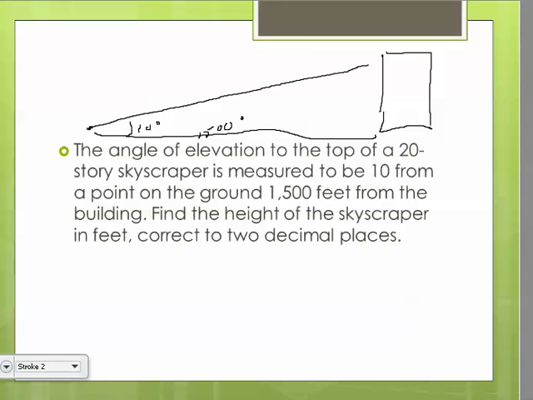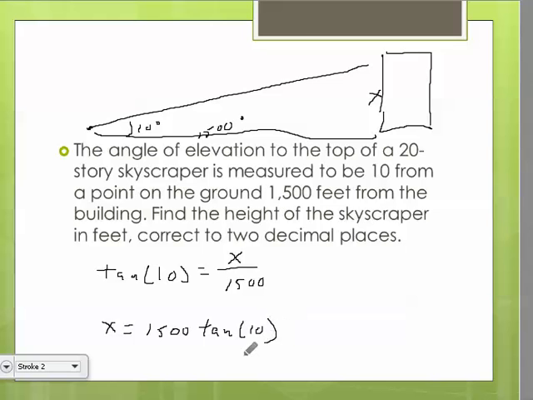Find the height of the skyscraper. Well, I've got this side, and it's this one we're wanting to get. That's a tan. Tangent of 10 degrees is equal to the opposite, x divided by 1,500. So that means that x is going to be equal to 1,500 times tangent of 10 degrees.